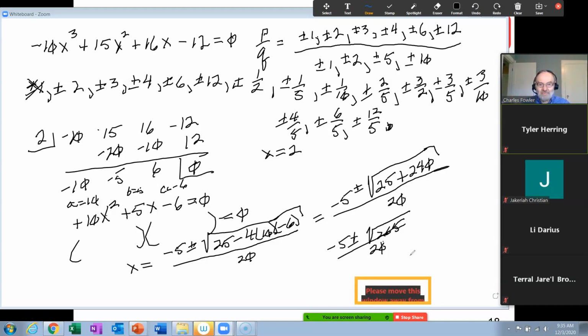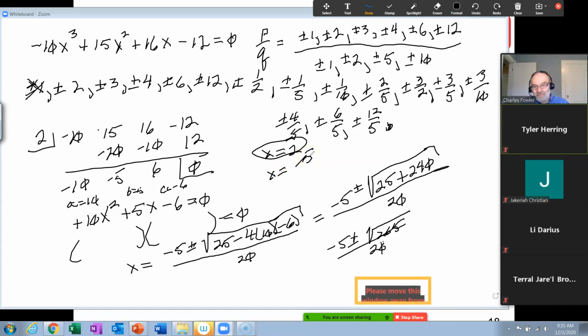This will be irrational. Now, I don't know if 265 has any hidden perfect squares in it. I'm not going to mess with it. Let's just see. Here are our other two solutions. We need 3. We got 1 here. The other two are x equals minus 5.